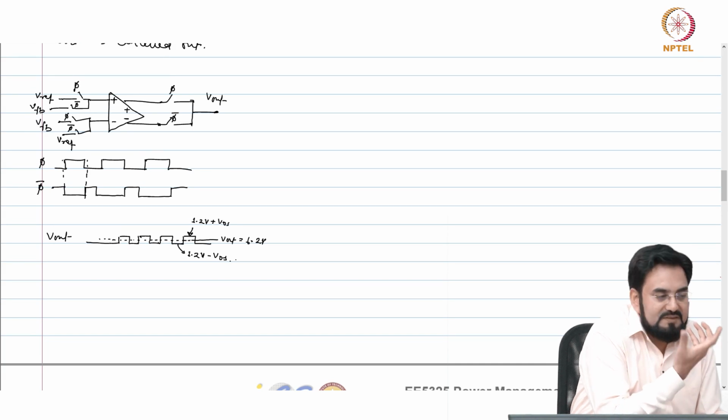So if you can afford to have that ripple, then it's fine. If you cannot, then this method will not work in that case.